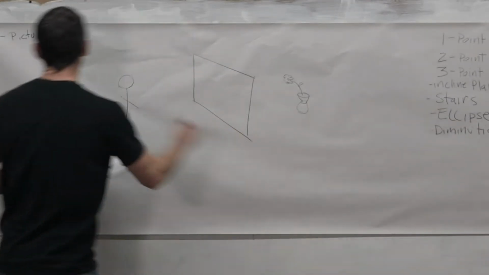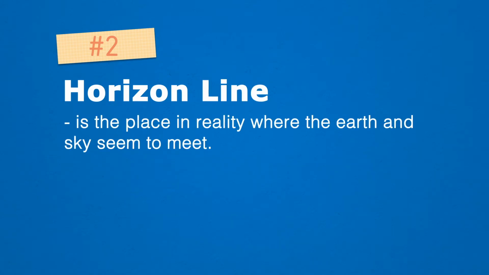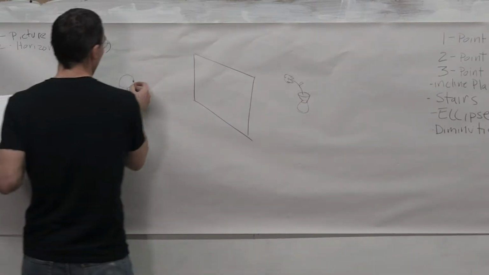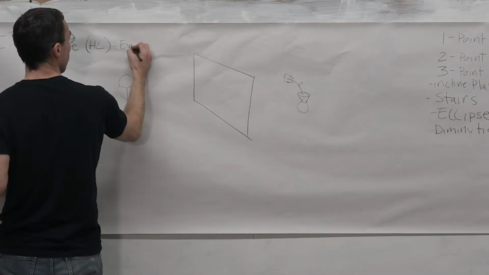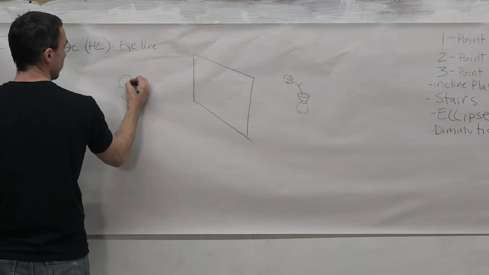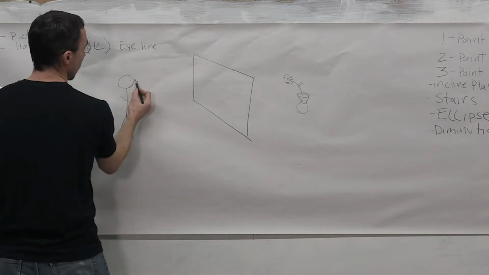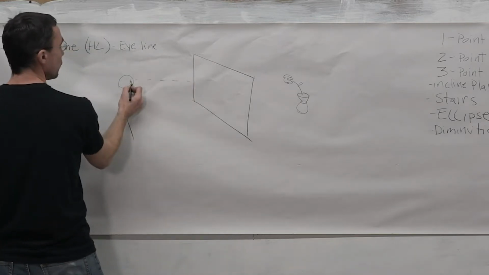Our next term is horizon line. We'll abbreviate that with HL. The horizon line is a line where sky meets ocean. That horizon line is also called the eye line, and it's called the eye line because that horizon line is at the same height as the viewer's eye.